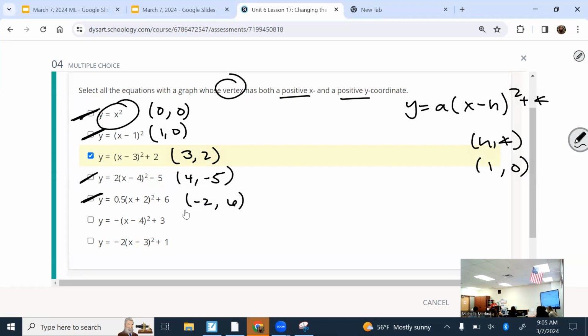Table 2, what's my vertex for this one? Good, so we are going to pick this one because both coordinates are positive.